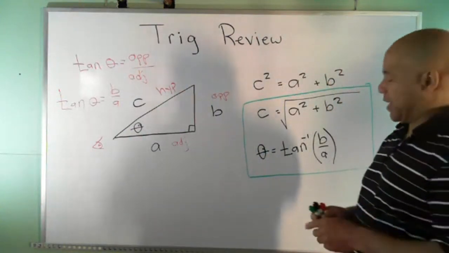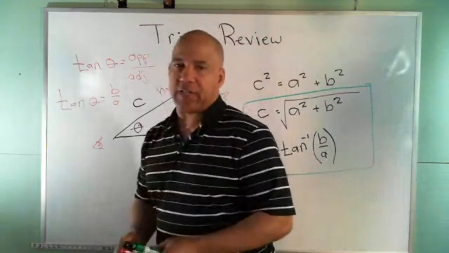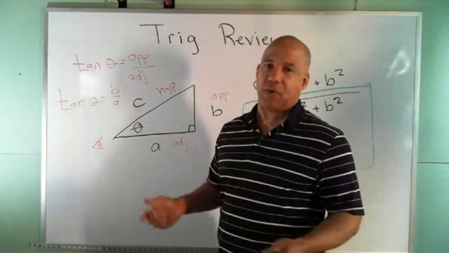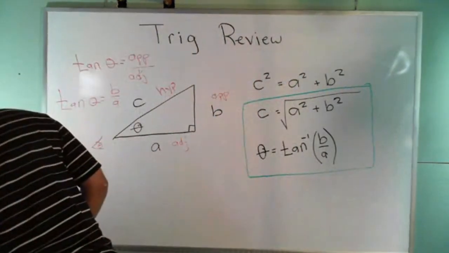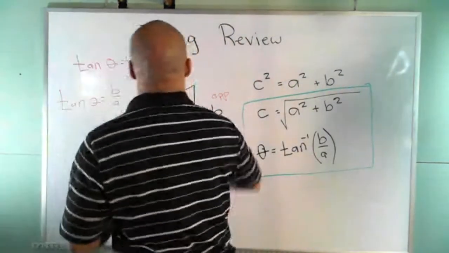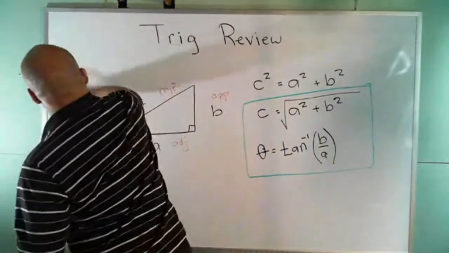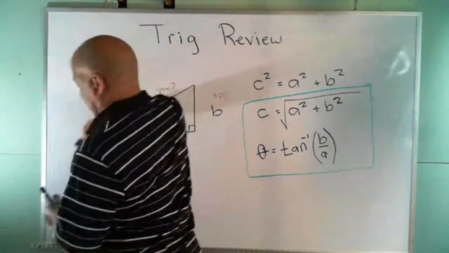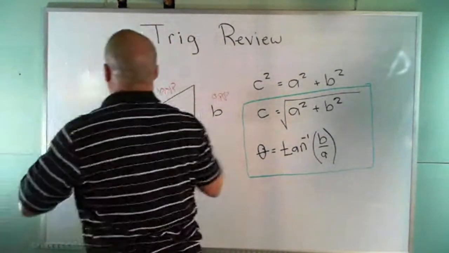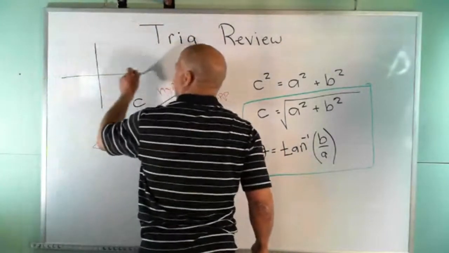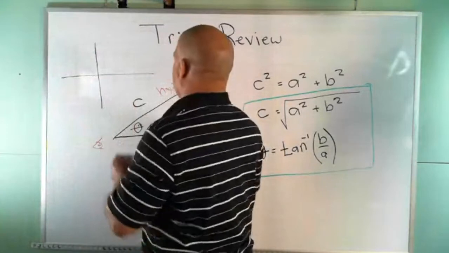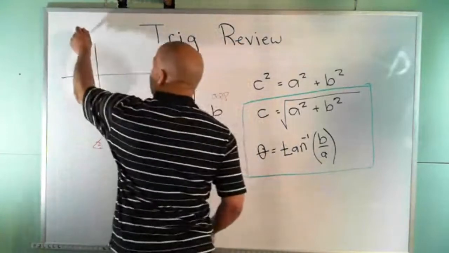The other thing is, if I have a Cartesian coordinate system, which is just a smart person's way of saying the XY axis that you used to work with, and you're measuring an angle. So let's say I have a coordinate system, a set of axes. I can put X and Y on there, it doesn't matter.